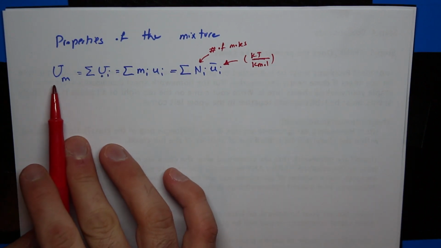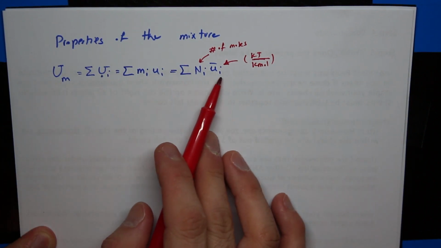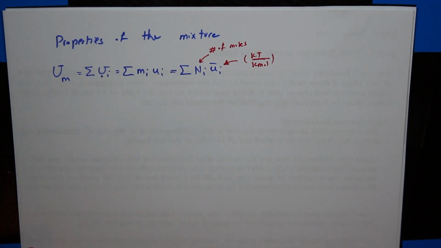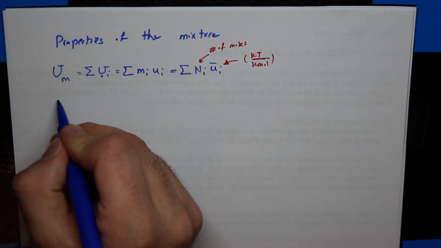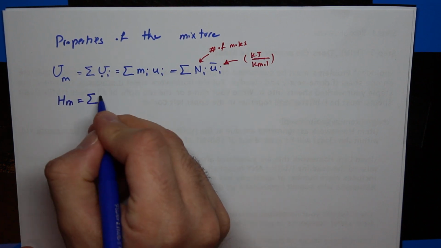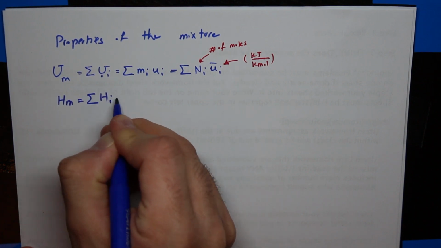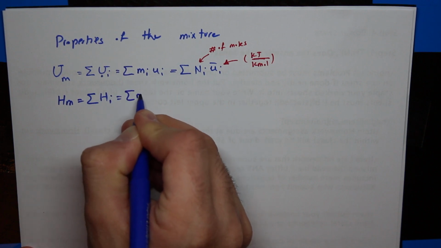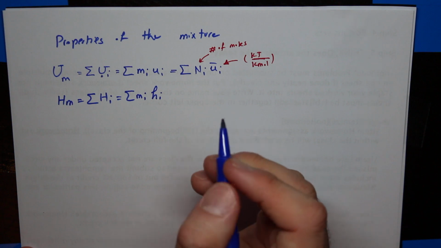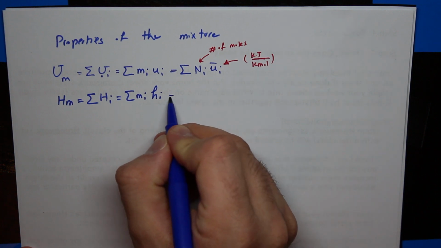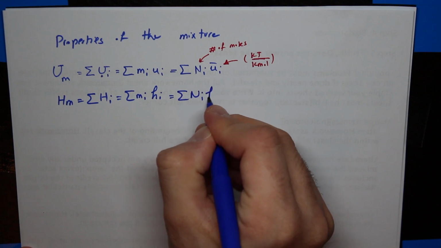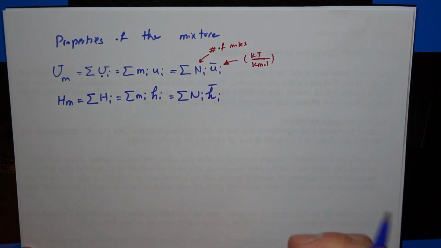Now we have exactly the same concept here for other properties. For instance, if we are looking for the enthalpy of the mixture, I can say that it is sigma capital Hi, which is equal to mass of each component multiplied by the specific enthalpy, and is equal to the sum of number of moles in each component and h bar i.